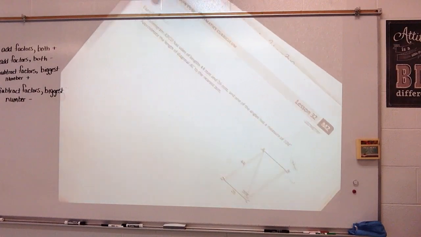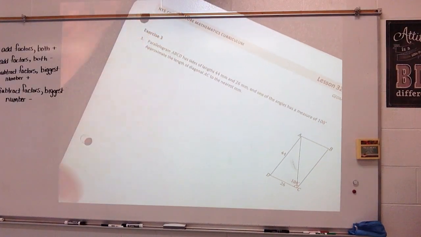Alright, exercise number 3, last question. Parallelogram ABCD has sides of lengths 44 millimeters and 26 millimeters, and one of the angles has a measure of 100 degrees. Approximate the length of the diagonal AC to the nearest millimeter.